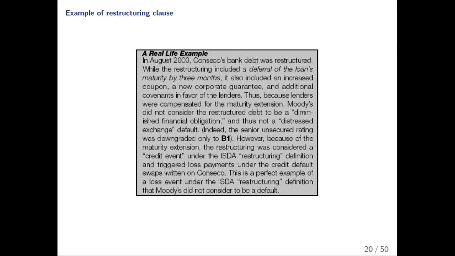When Conesco did this in the early 2000s, Moody's deemed that because of the increased coupon rate paid to the senior tranche investors, this was not a distressed debt event. The investors were compensated already for the restructuring of the debt.